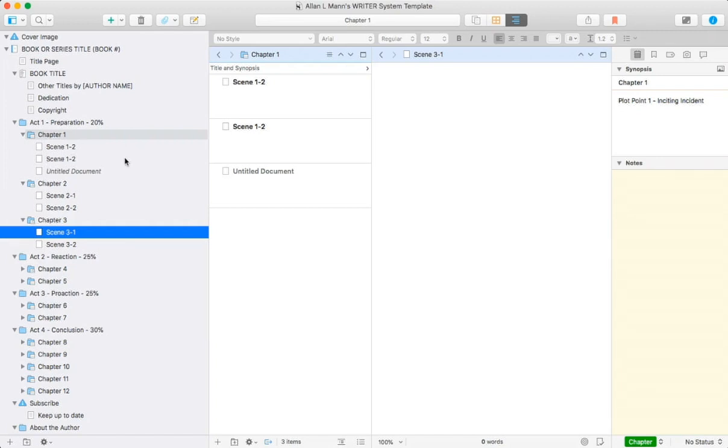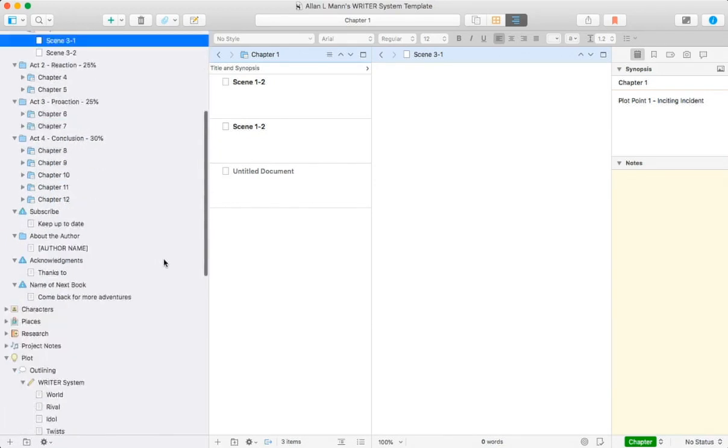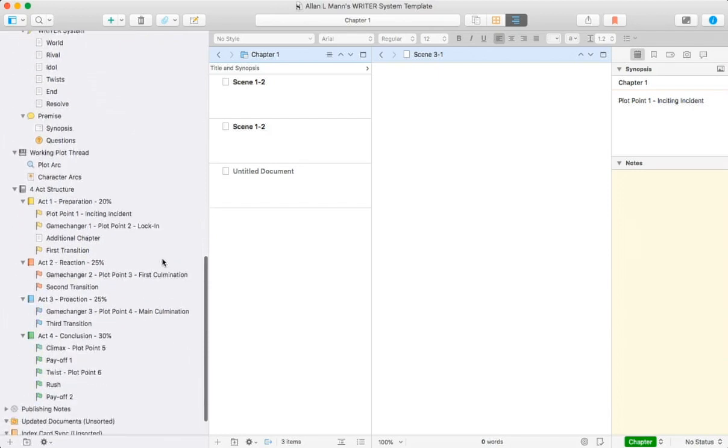Scene one, two, maybe the discovery the next morning. However you want to do it is what I'm saying. Be creative. This is a checklist, a to-do list. It is not a "this is how you will write your book and not deviate." So use it as you need to.